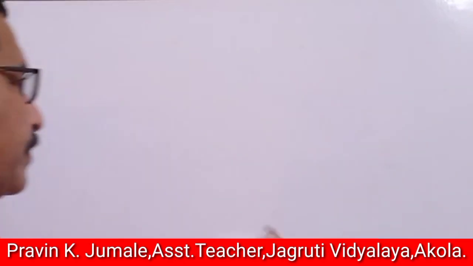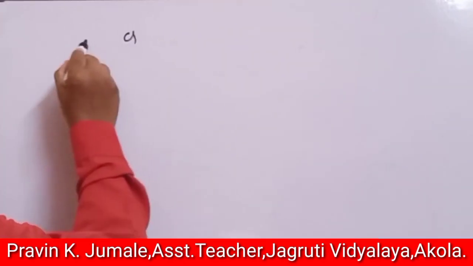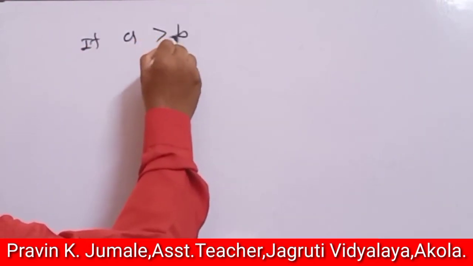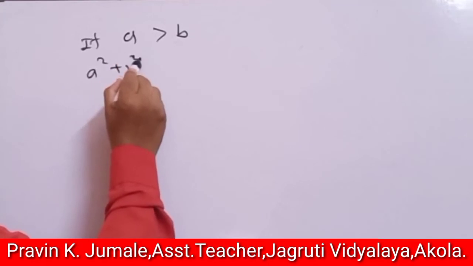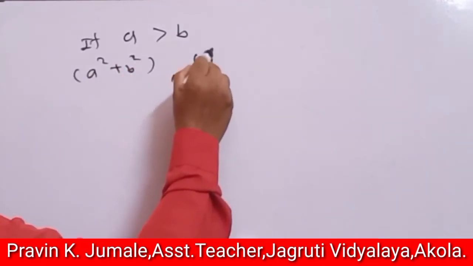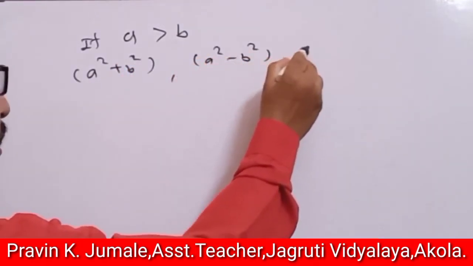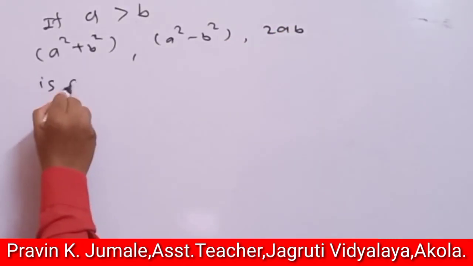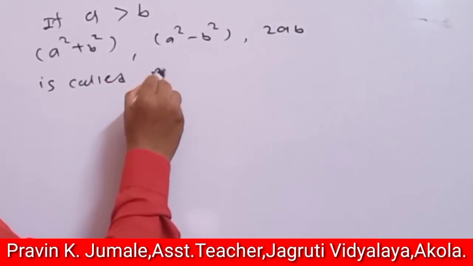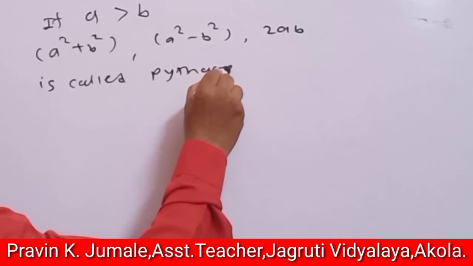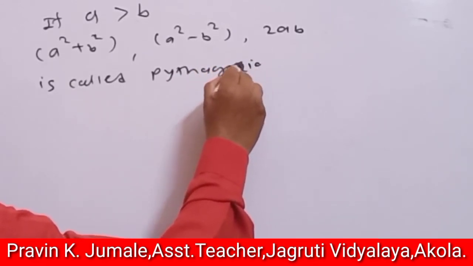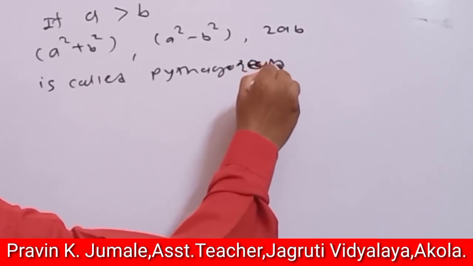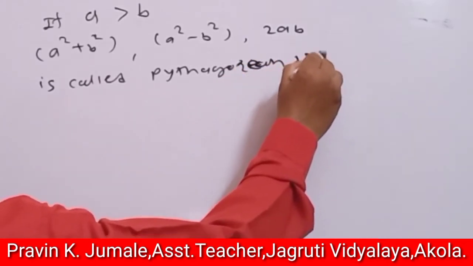Means if A greater than B, A square plus B square, A square minus B square, twice AB is a Pythagorean triplet.